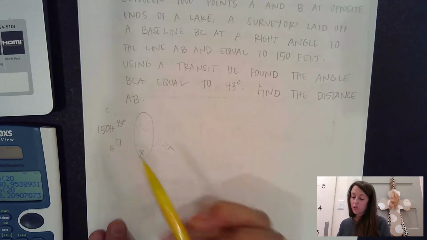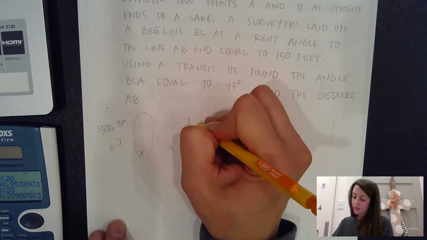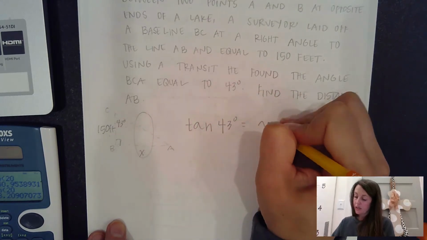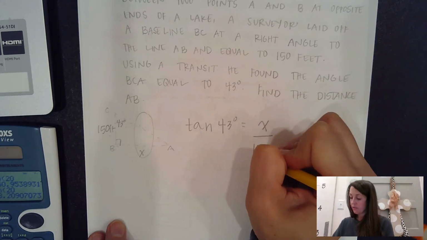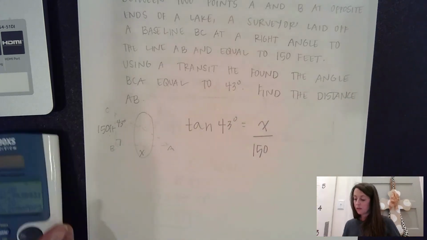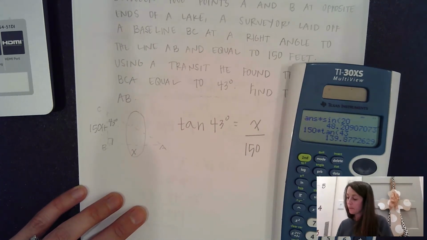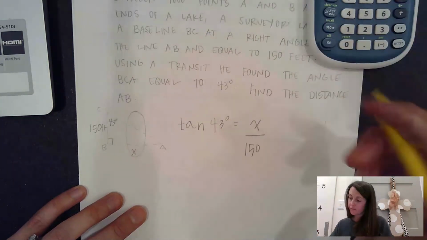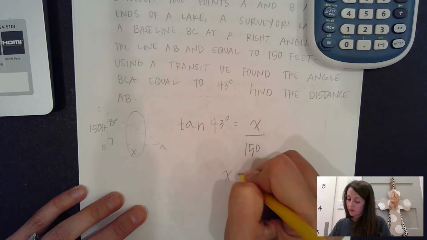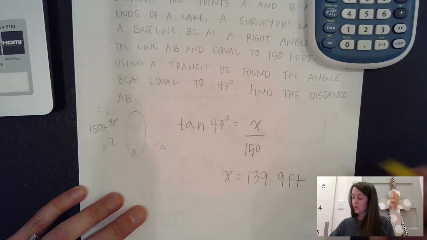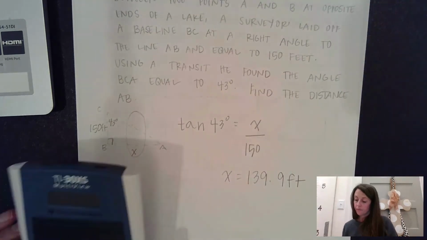Opposite over adjacent is tangent. So tangent of 43 degrees is going to be equal to x over 150 feet. So we'll say 150 times tangent of 43, which is going to be 139.9 feet. And you can leave it just like that.